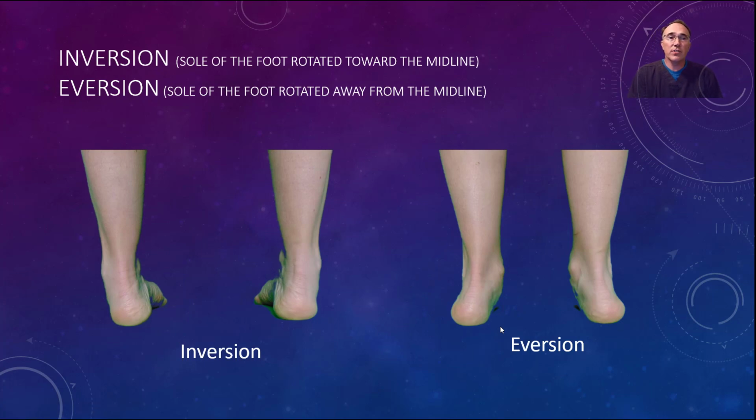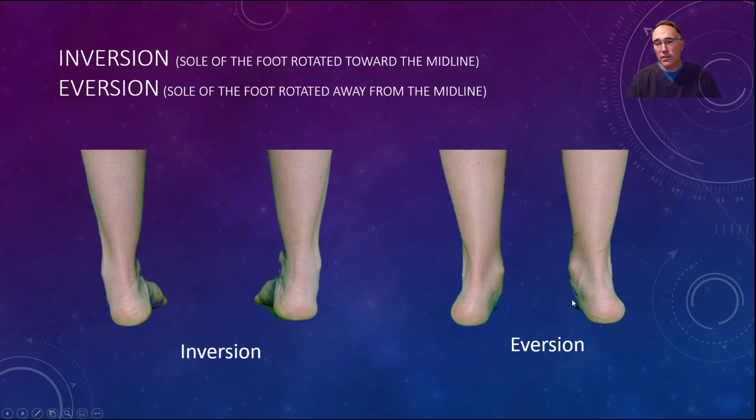The next one we're going to do is inversion and eversion. This is really, really similar to abduction and adduction. The difference is that this is just related to the foot. So we typically talk about inversion, meaning the sole of the foot is rotated towards the midline. So you can see how the sole of this person's foot is rotated towards the midline.